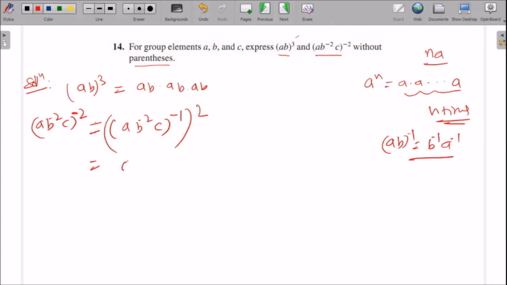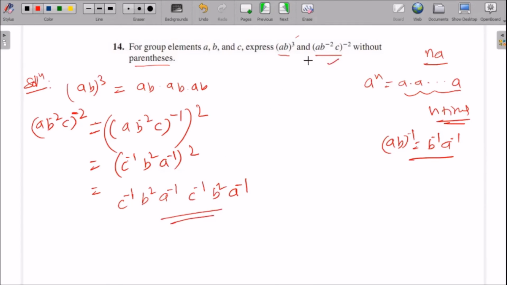So we can write (c^-1 b^2 a^-1) squared. So we can write this two times, c^-1 b^2 a^-1 and c^-1 b^2 a^-1. So this is the equivalent expression for this one.